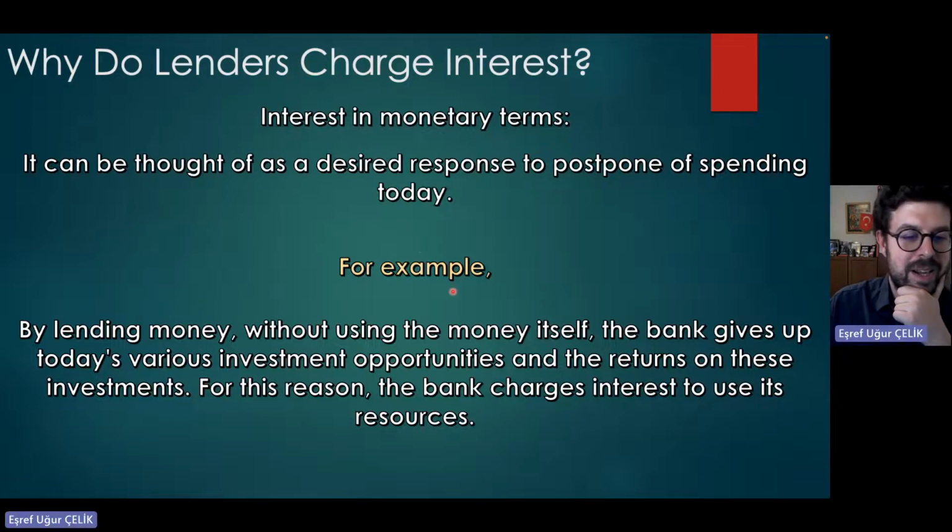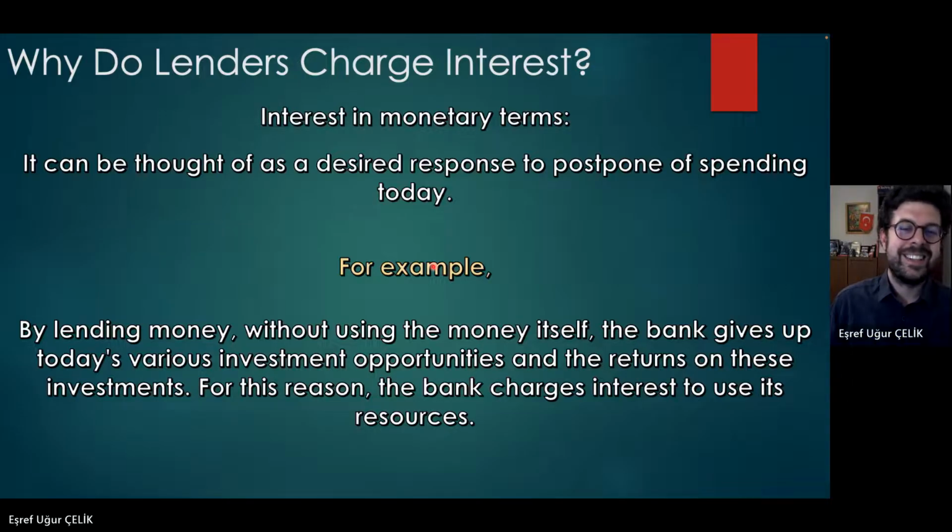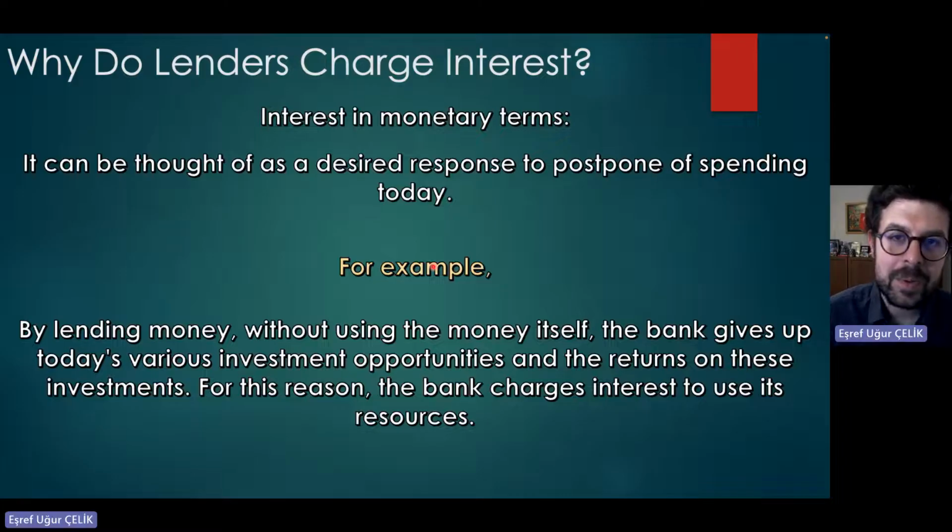Okay, let's look at our example. Not the friend's example. For example, you go to a bank and borrow money from the bank. Is it not zero-interest money? No, because we use the bank's money. So there's an opportunity cost over here.